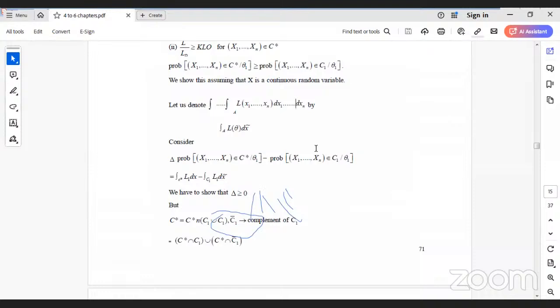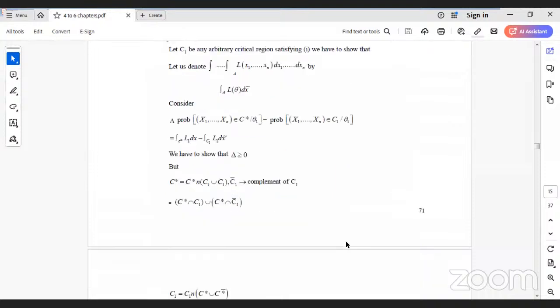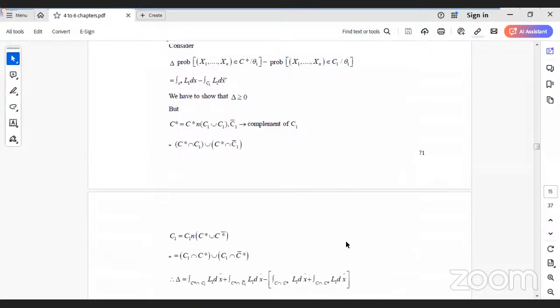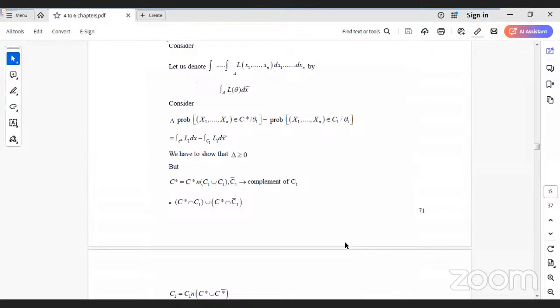But the condition we have taken here: C star and C1 with their complements C star bar and C1 bar. Very important question. Delta greater than or equal to 0 we are taking here.